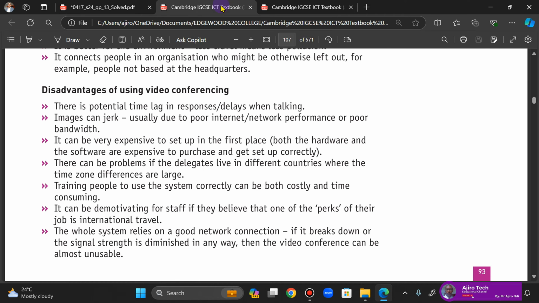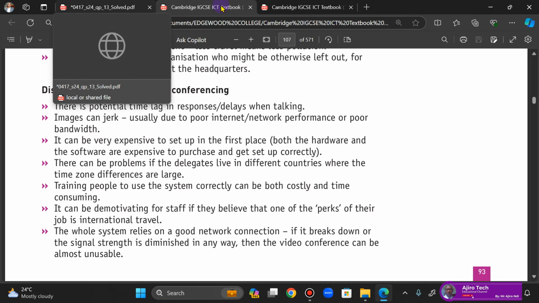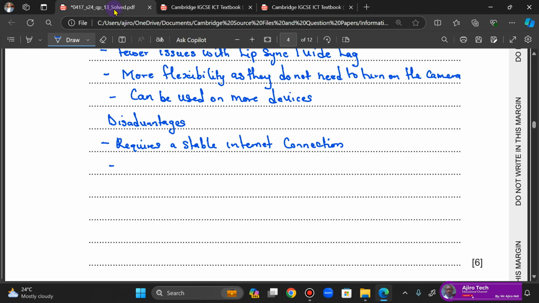Since there is more flexibility, for the disadvantages here, fewer features than video conferencing. Okay? All right.